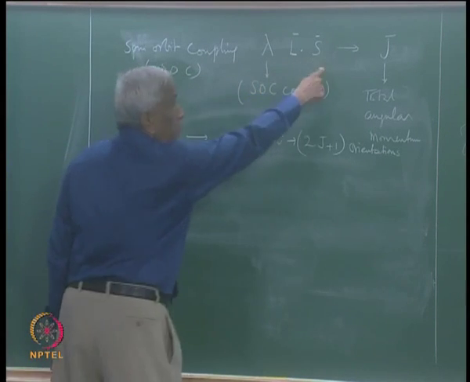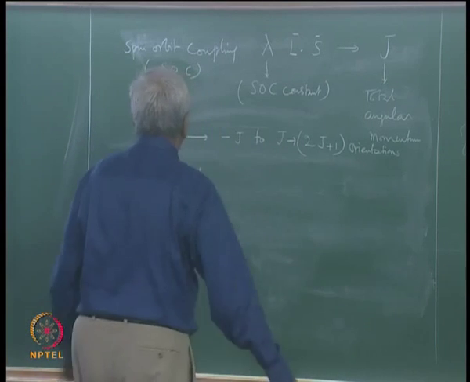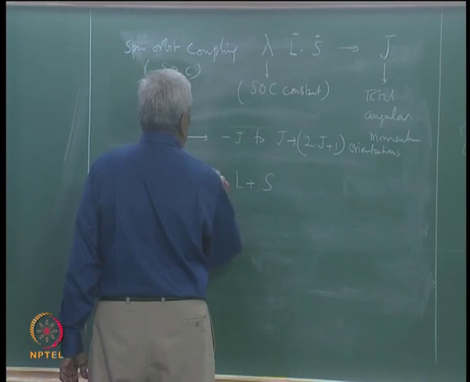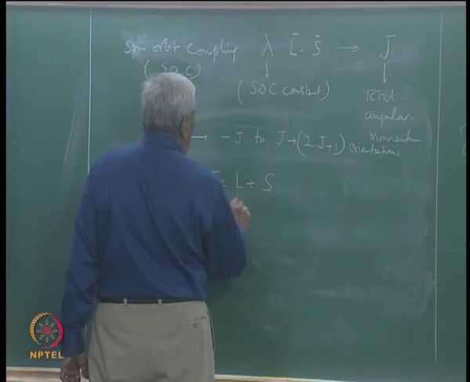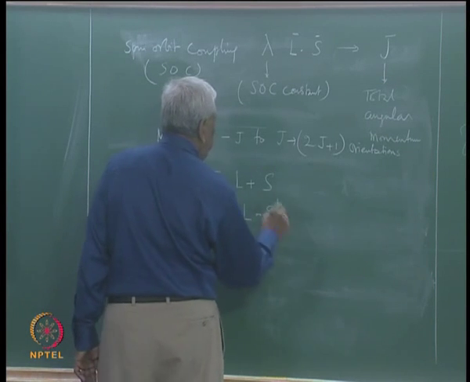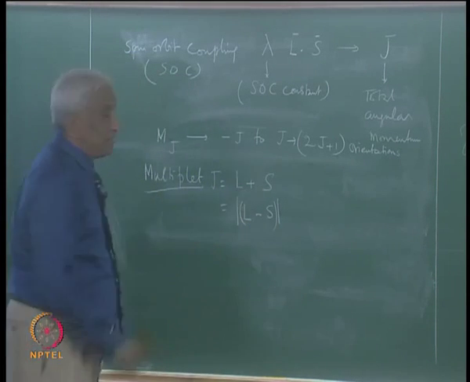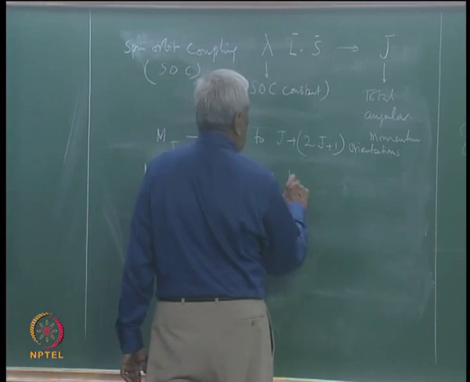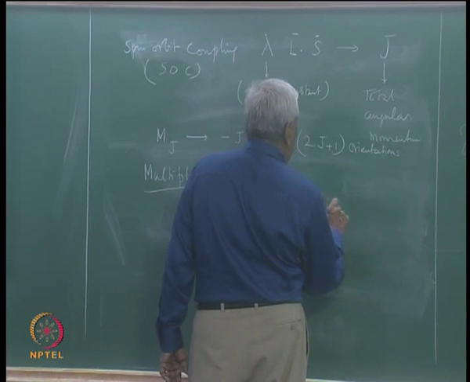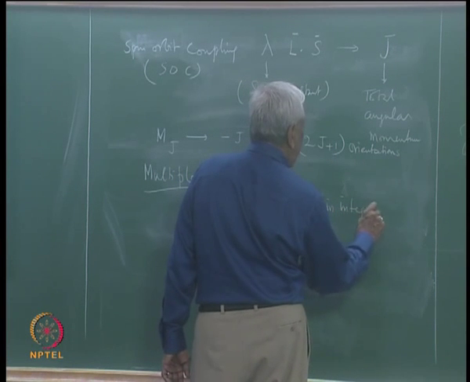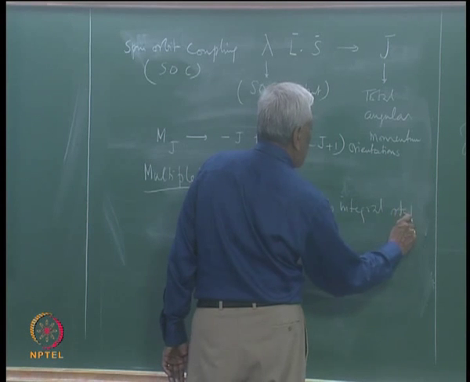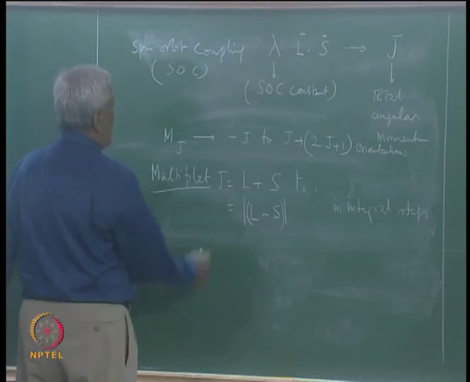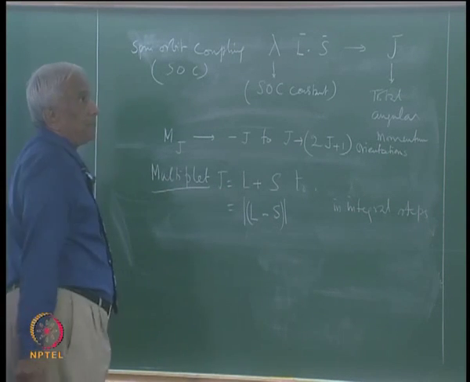When L and S are coupled according to the rules of angular momentum coupling, the resultant angular momentum goes from J equal to L plus S to mod L minus S, or S minus L, depending on which is greater, in integral steps. That is how we get 2J plus 1 values. Each of these J values corresponds to a different multiplet.